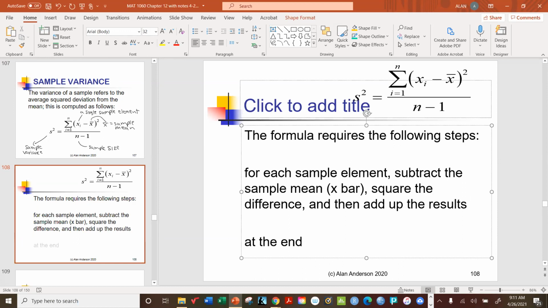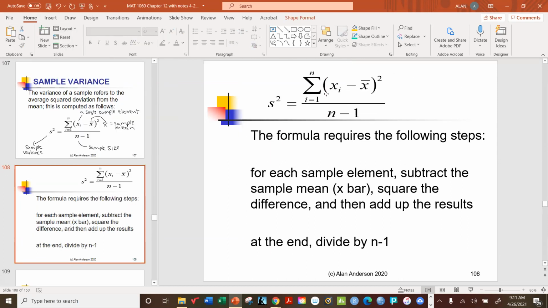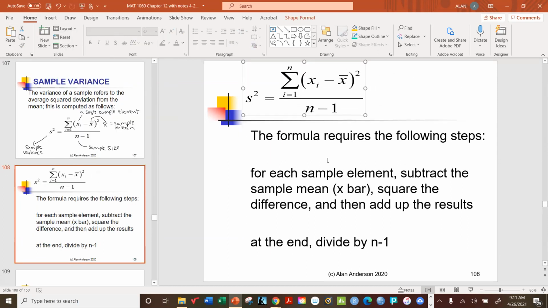At the end, divide by n-1. Okay, so that's in a nutshell what we're doing. For each element, subtract the sample mean, square the difference, add up the results. When you're done, divide by n-1. It doesn't sound that bad.